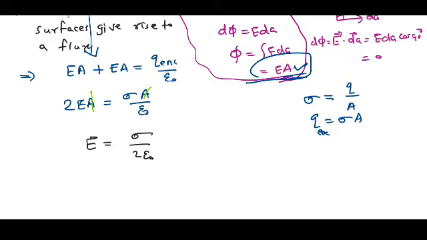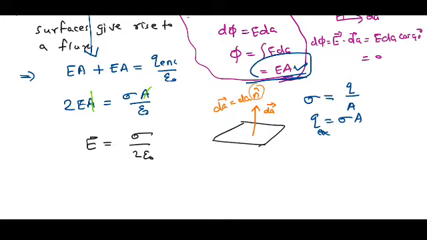This is the magnitude. Then what is the direction? For the direction of the electric field, if this is a plane charged sheet, then this is the area vector, which I can write as dA, or this dA can be written as dA n cap, where n is the unit vector pointing away from the surface.